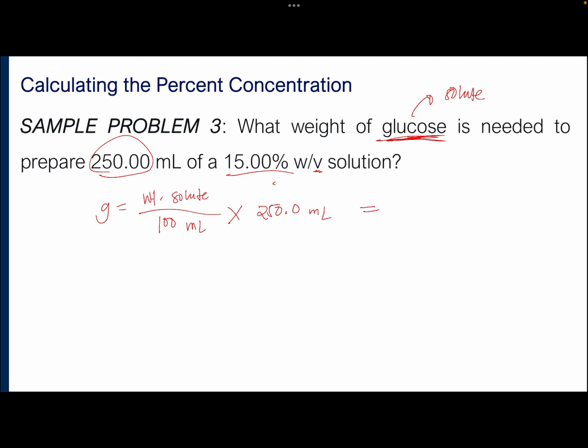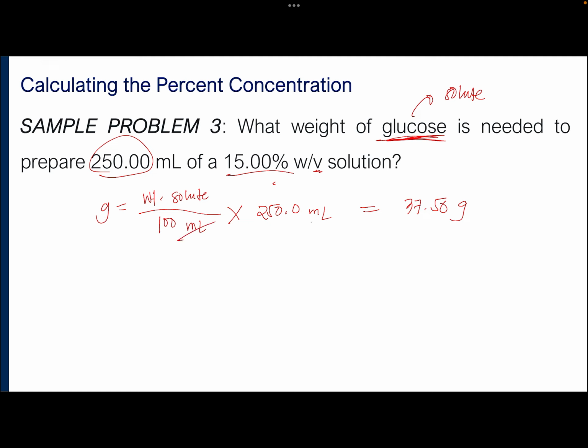So the answer here is how much? So this is 37.50 grams.